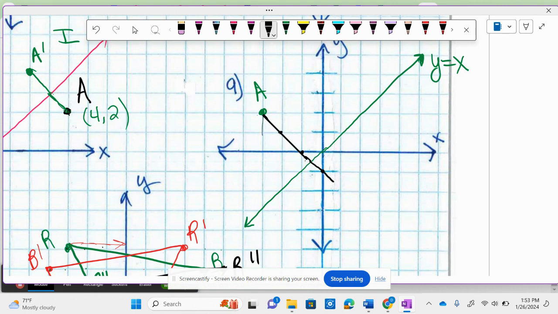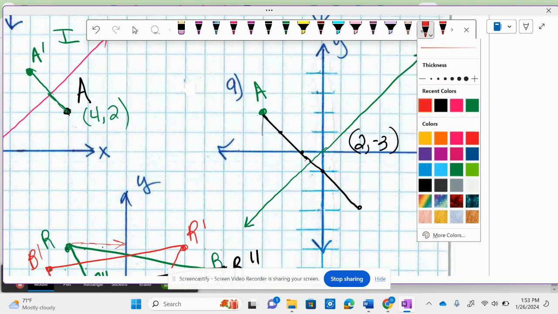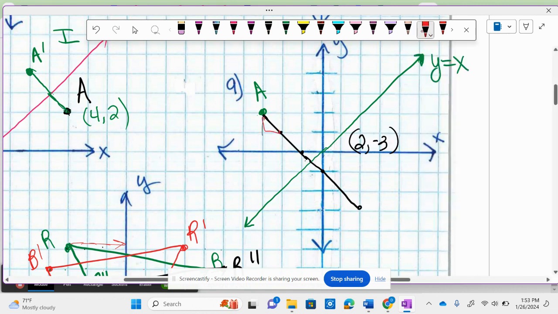So if I go 2 whole diagonals and a half, it's actually the ordered pair 2, negative 3. Draw your little perpendicular line. Perpendicular lines have opposite reciprocal slopes. So here's your half diagonal, and then whole diagonal, whole diagonal. This is your new point, the ordered pair 2, negative 3.